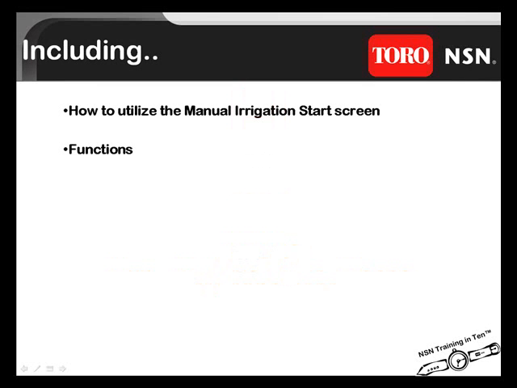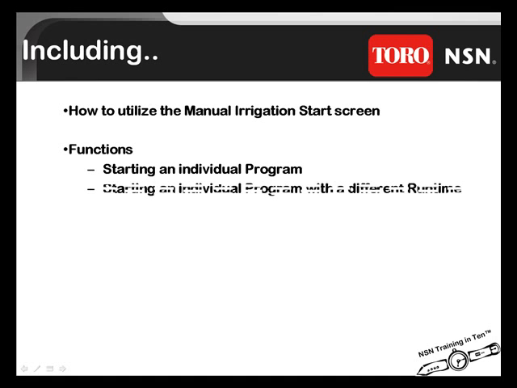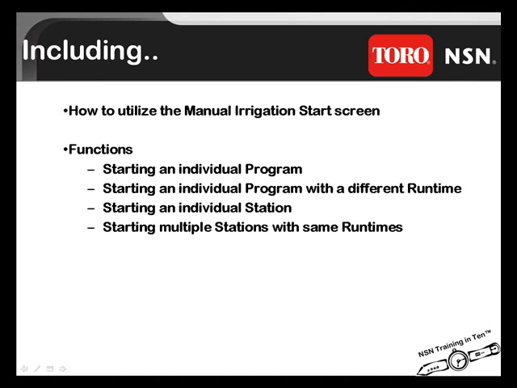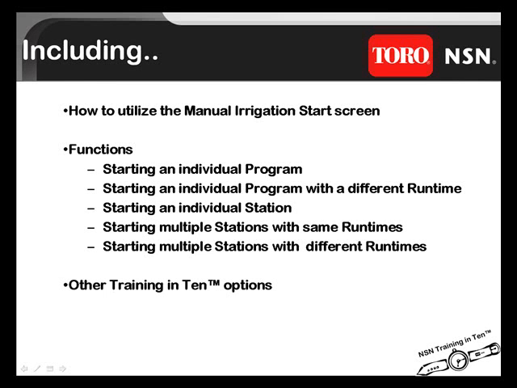This training module will cover topics including how to utilize the manual irrigation start screen, its functions of starting an individual program, starting an individual program with a different runtime, starting an individual station, starting multiple stations with same runtimes, starting multiple stations with different run times, and other future Training in 10 options designed to help you become a better manager of your Toro SitePro system.